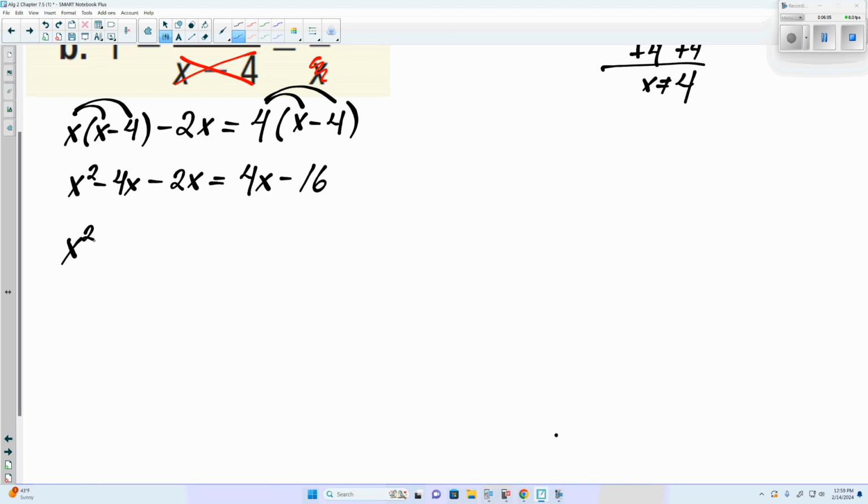Now at this point, we can combine like terms because we do have one set of like terms. Our negative 4x minus 2x is negative 6x, because we have negative 4 plus negative 2, which would be negative 6.